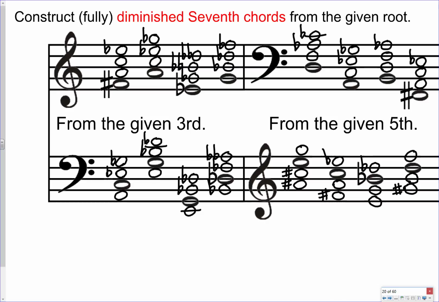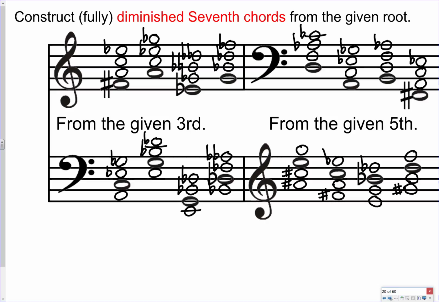Okay, hopefully there are no discrepancies with your work and mine, and hopefully you did a good job constructing fully diminished seventh chords. So far we have learned the intervals that make up four types of seventh chords. The major seventh in the previous video, and the minor seventh, the half-diminished seventh, and the fully diminished seventh in this video.